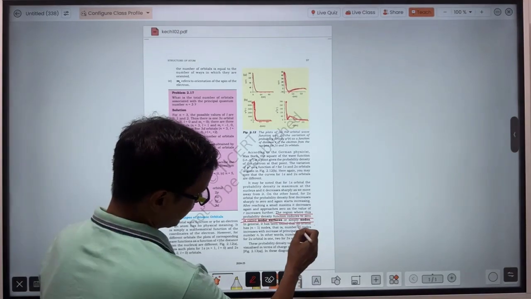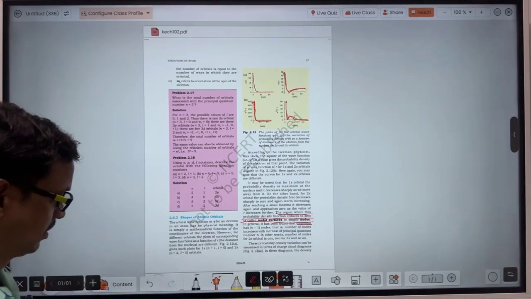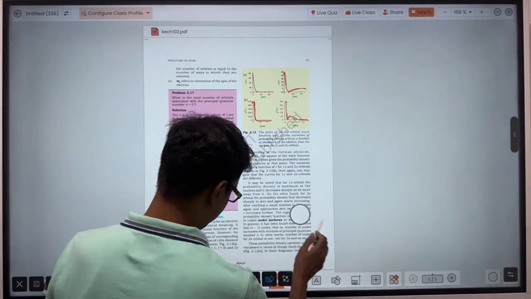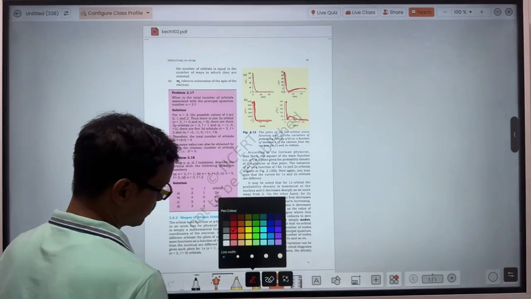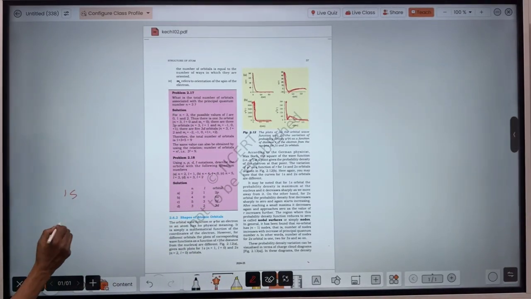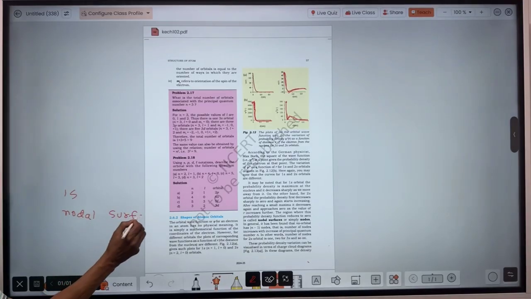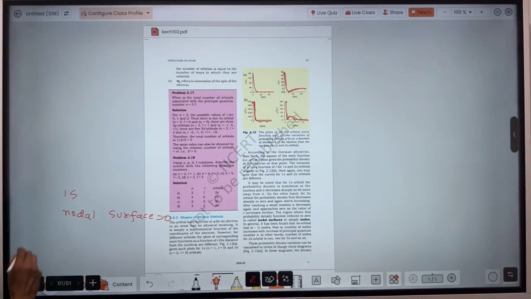And in case of any s orbital, the number of nodal surfaces or nodes will be n minus 1. So for the 1s orbital, the number of nodal surfaces will be 0.